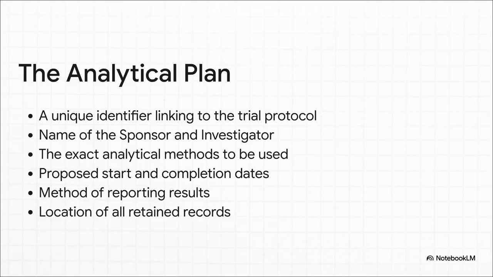Just look at what's in this blueprint. It's got everything, from unique ID codes and the names of every key person, all the way down to the exact scientific methods they're going to use. It even lays out the start and end dates and specifies precisely where every single piece of paper and data file will be stored for years to come. It's all agreed upon and signed before a single test tube is touched.